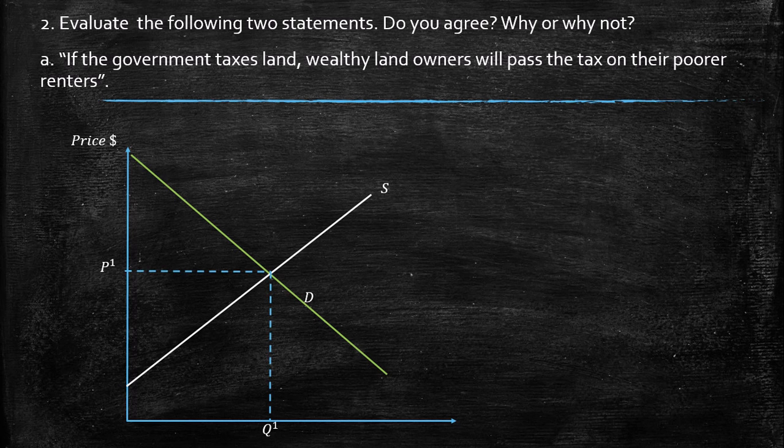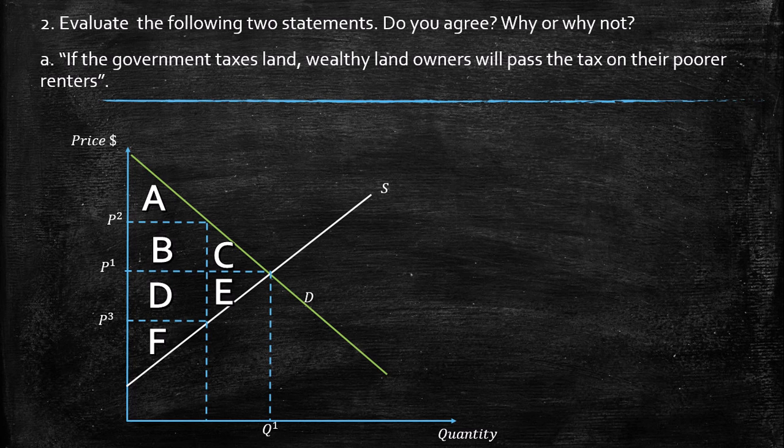There is the equilibrium price, but with the tax, remember which is the supply. The supply could be the wealthy landowners, and the demand is going to be the renters.